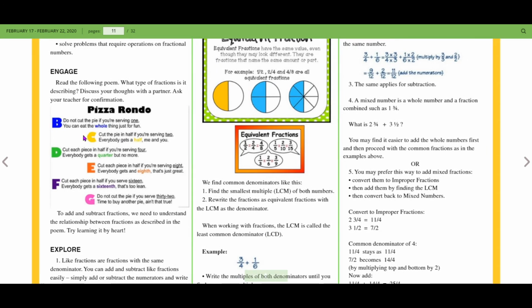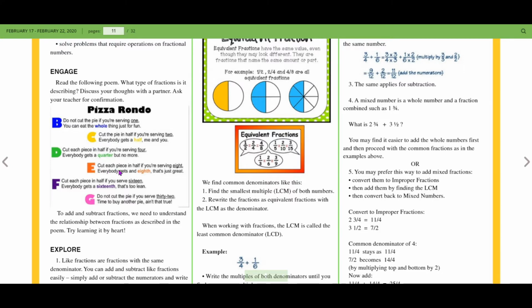Pizza rondo. Do not cut the pie if you are not serving one. You can eat the whole thing just for fun. Cut the pie in half if you are serving two. Everybody gets a half, me and you. Cut each piece in half if you are serving four. Everybody gets a quarter, but no more.